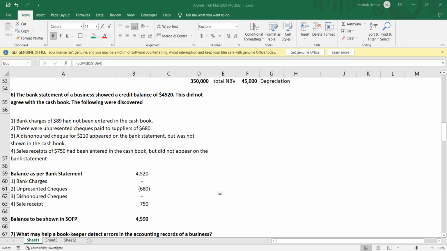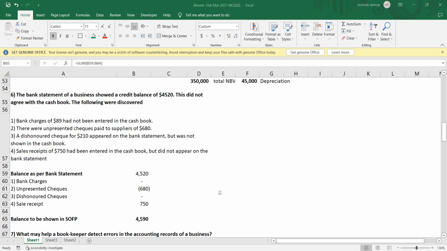So if I see C and D with the trial balance, now I have to choose between 2 and 3. If I see 1 and 3, 1 is obviously wrong. Now 3 is appearing here. So let's see, what is the statement of financial position? It cannot be the statement of financial position because it is made from the trial balance after the correction of errors. So sales ledger control account. So the answer is C.